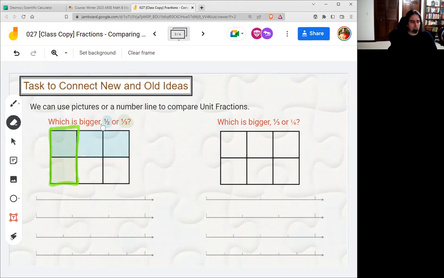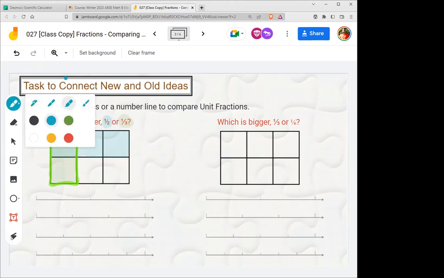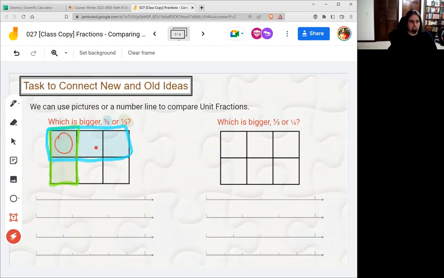So which is bigger, my blue shading or my green shading? The blue shading has 3 pieces. The green shading only has 2 pieces. So the green shading is bigger.